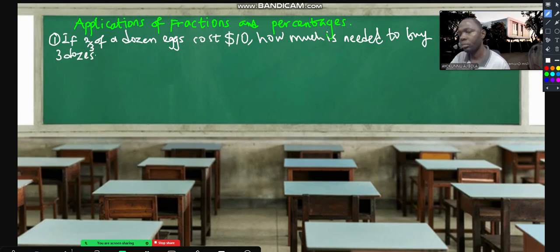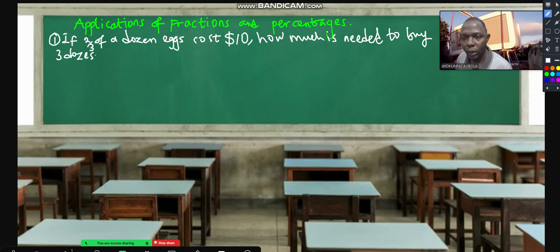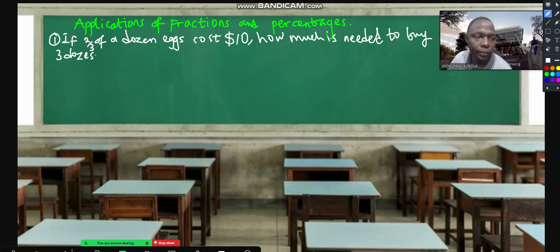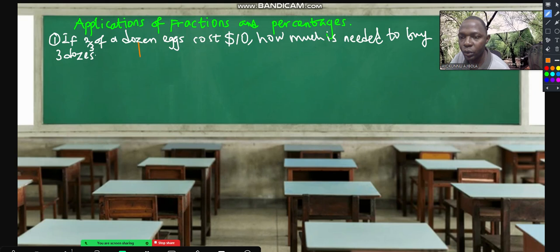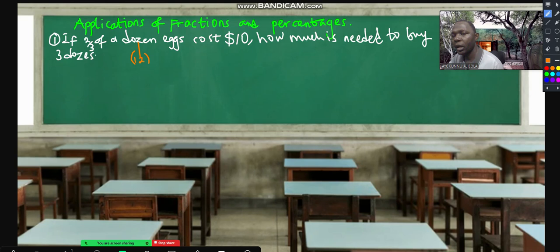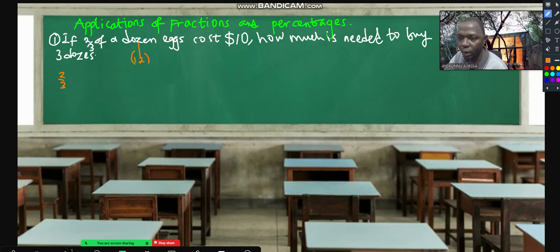Now, let's think about it. You know what a dozen means? A dozen means 12 eggs. So we need to know 2/3, 2 over 3 of 12.